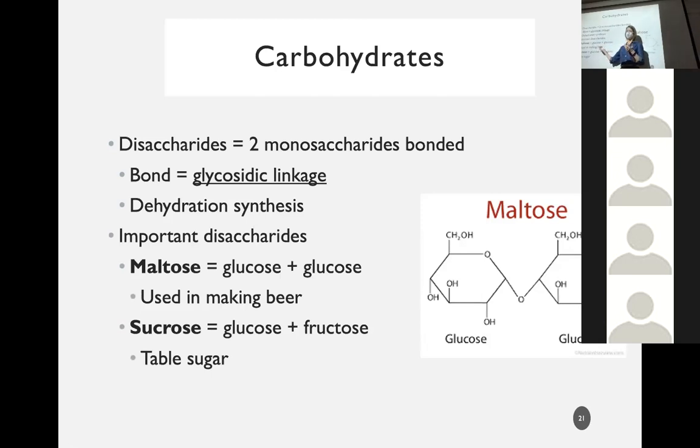That's used in making grain products, including beer. So like a malty beer, if you've ever heard that term before, it's because of the maltose in there, giving it that flavor. And then sucrose is table sugar. So when you put sugar on or in anything, you're using sucrose, which is actually a disaccharide of glucose plus fructose.